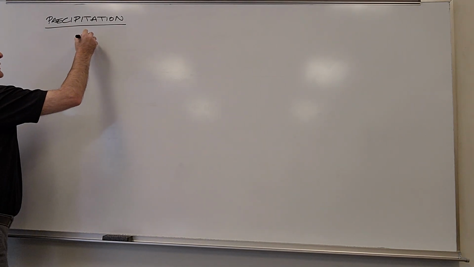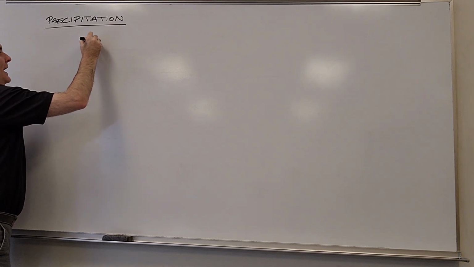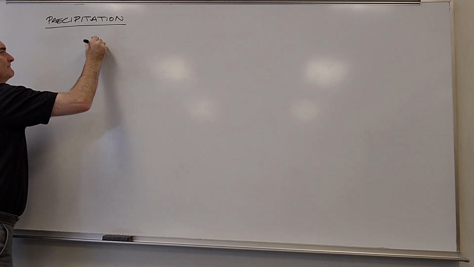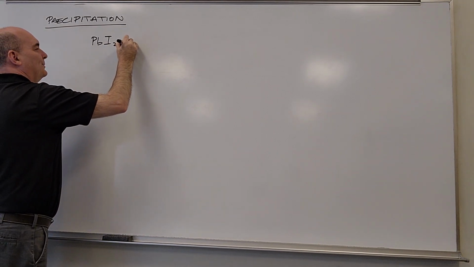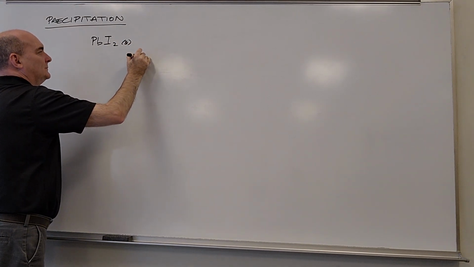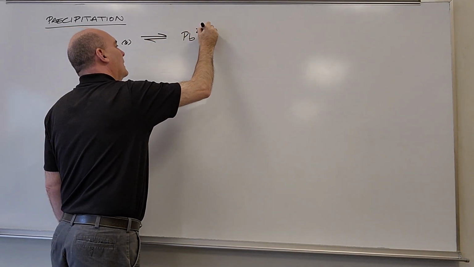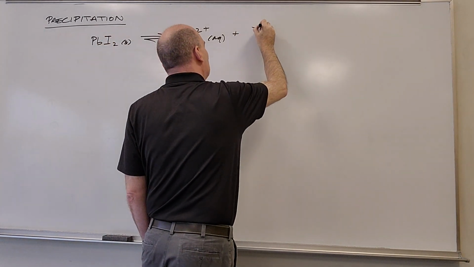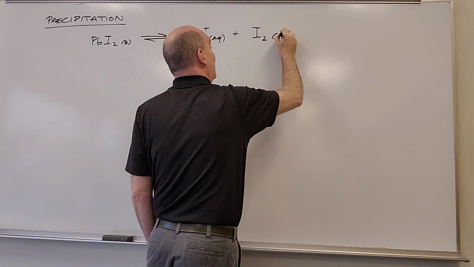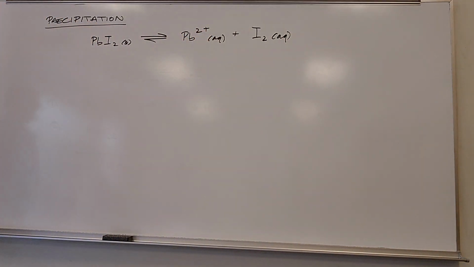We saw these on Thursday, that I will have a solid that is sparingly soluble. And the question is either how do I keep it in solution, or more often, how do I get it out?